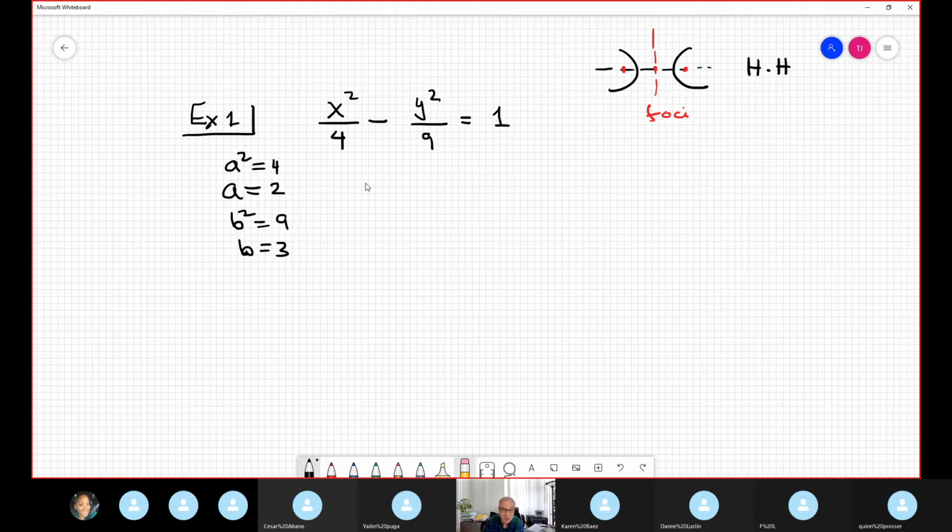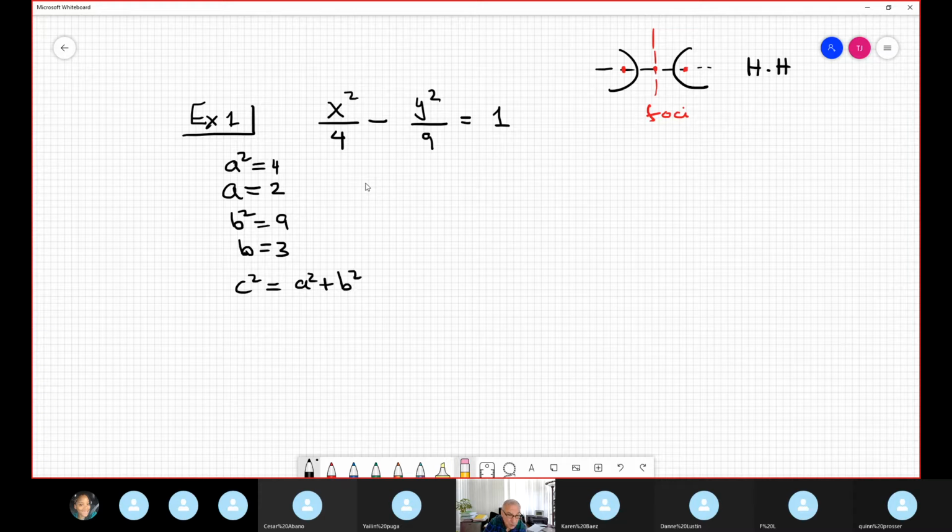This is the confusing part, and the student normally confuses the formula, confuses the concept. It's the same name, it's ABC, but it's a different ABC, right? And C, the focal distance, is the big number: C squared is A squared plus B squared.